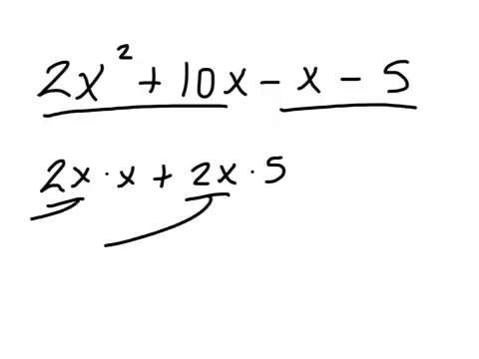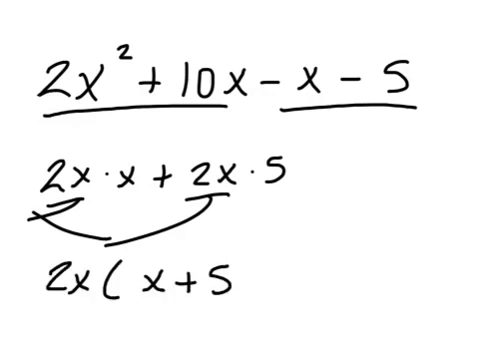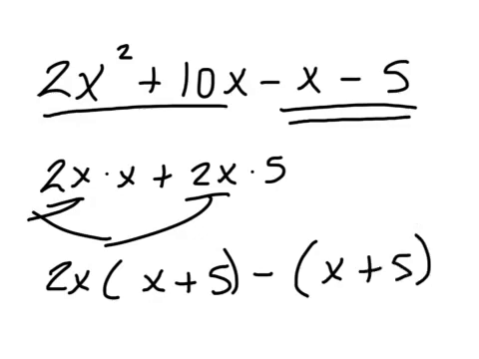So I can factor out the 2x out front. So we get 2x times (x plus 5) out of the first pair. And then similarly, in the second pair, I can factor out a -1 out of both. So I get 2x times (x plus 5) minus (x plus 5).